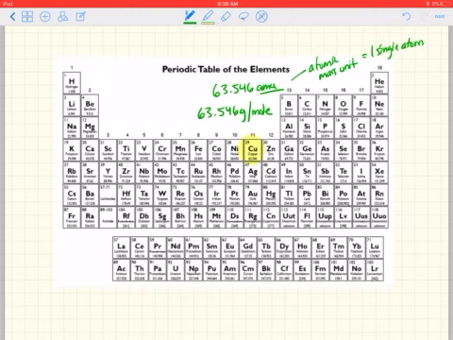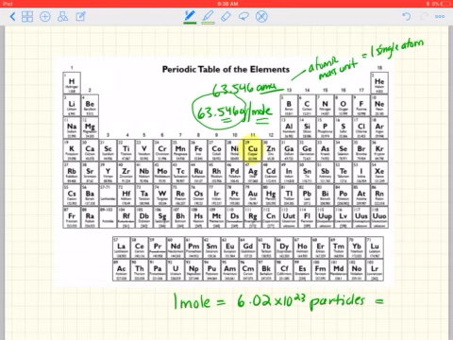If I have a mole of copper atoms, collectively that will have a total mass of 63.546 grams. So basically, if I am putting this number on the scale, within that sample, I have a mole of copper atoms. And just to review, 1 mole is equivalent to 6.02 times 10 to the 23rd particles, in this case, number of atoms.